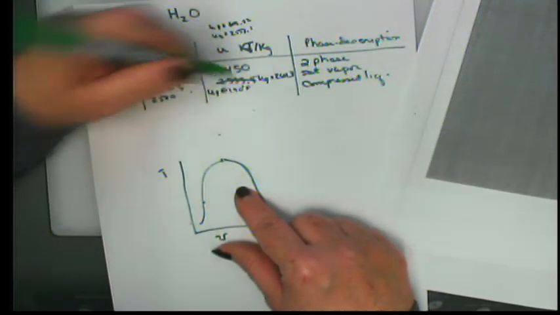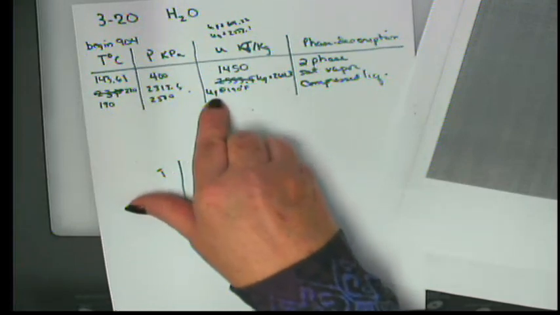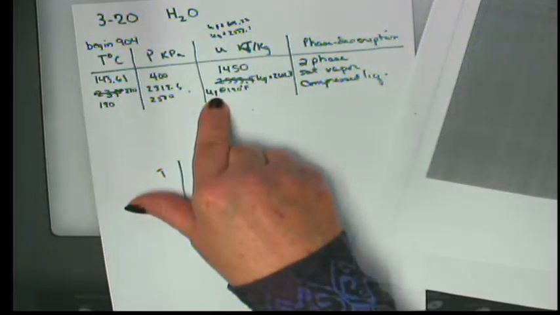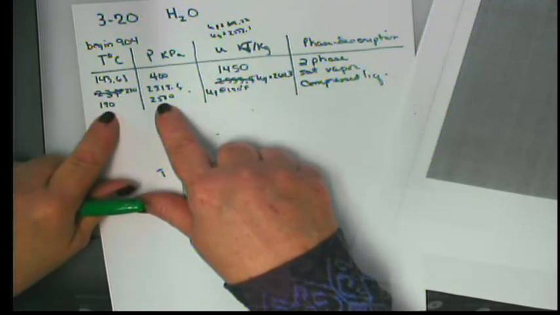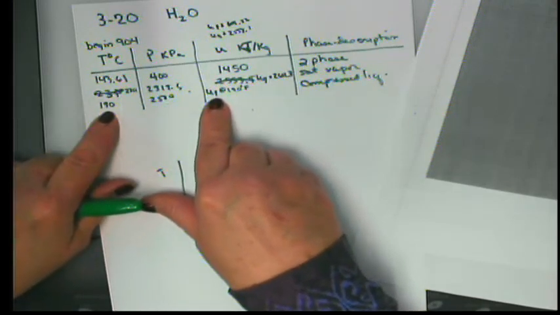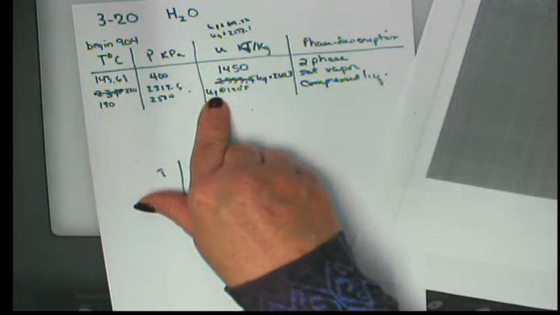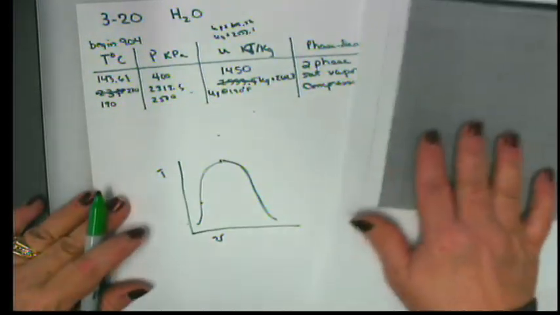Because internal energy and thermodynamic properties in general are very strong functions of temperature. If we went into the table and used U sub F at 2500 kPa, the temperature would be quite a bit different and the value would not be as good. But if we stay at this temperature of 190 and we use the U value at the very bottom end of the two-phase envelope, it's going to be pretty good.